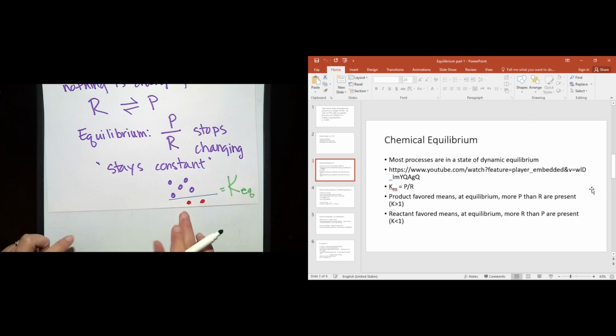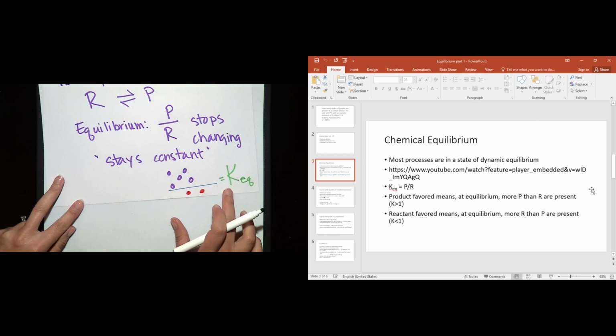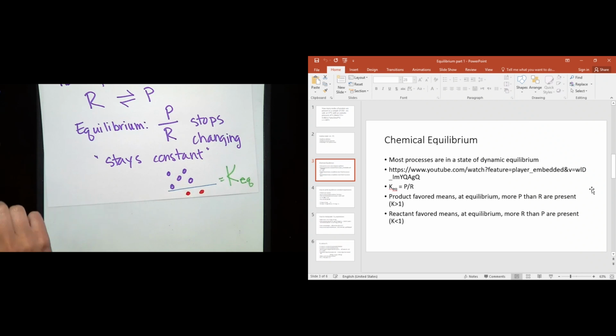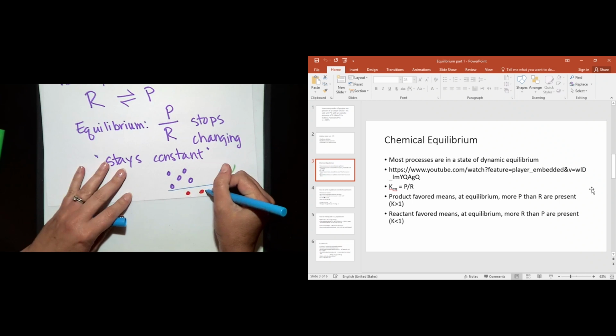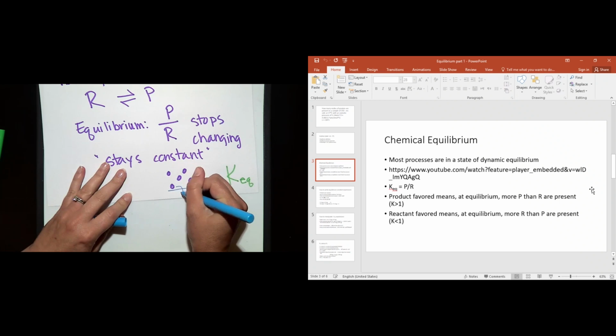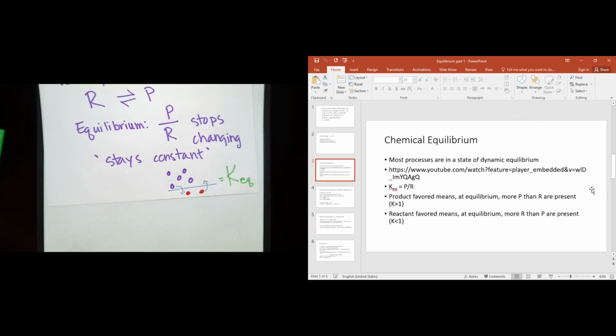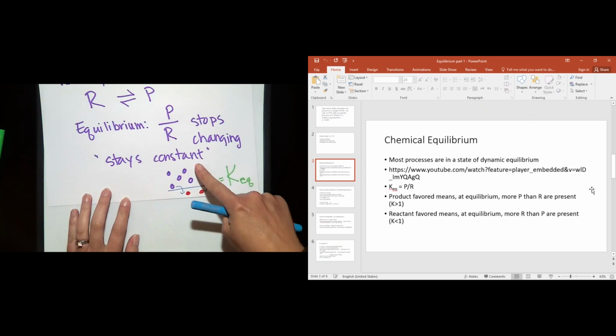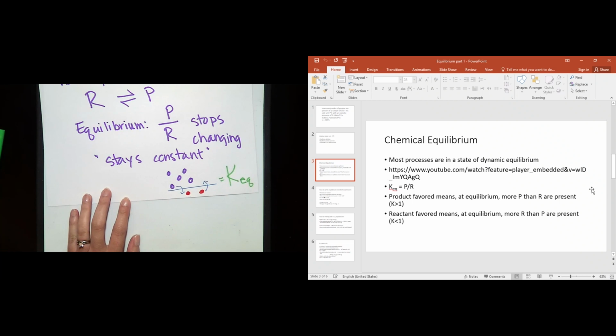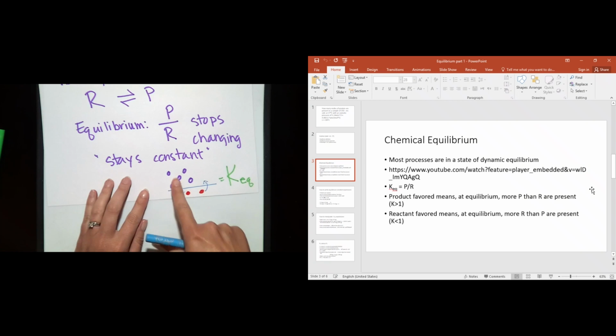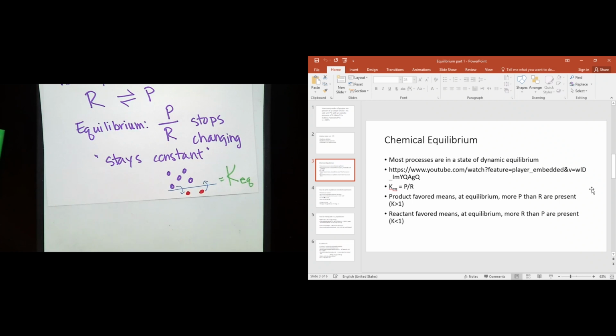Fun fact. Okay, so this means that at equilibrium, you have 5 of these and 2 of these, but that doesn't mean they're not constantly converting back and forth. As long as this overall ratio, 5/2, is the same, they can flip across that reaction barrier.